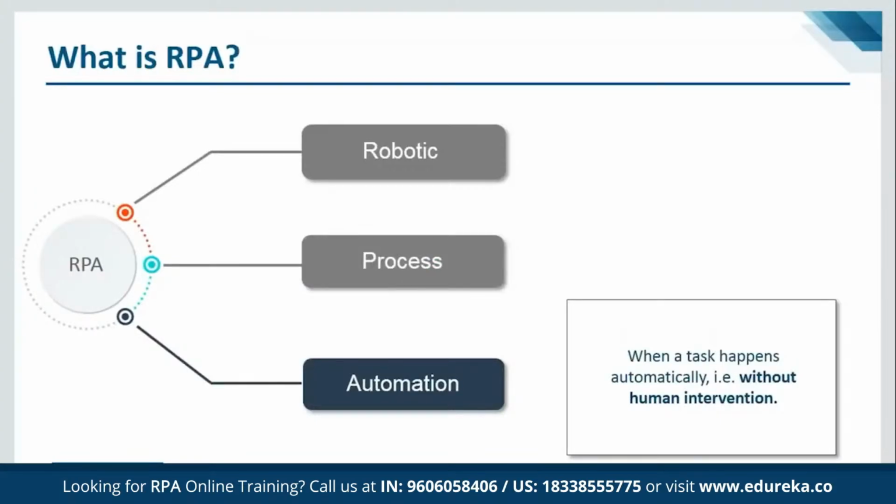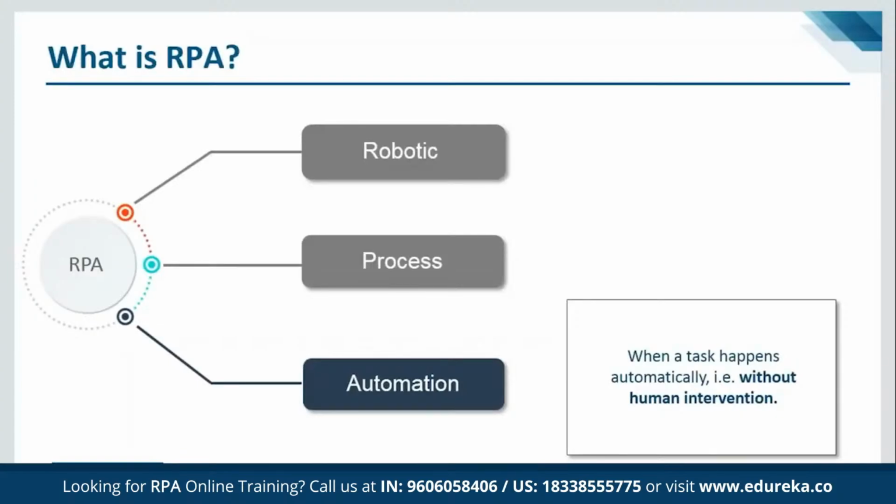Automation basically means when a task happens automatically without human intervention. So whenever a task happens without any human intervention, it becomes automation. Now, if you take the words robotic process automation, it means mimicking human actions to do a process without human intervention. This is the definition of RPA.